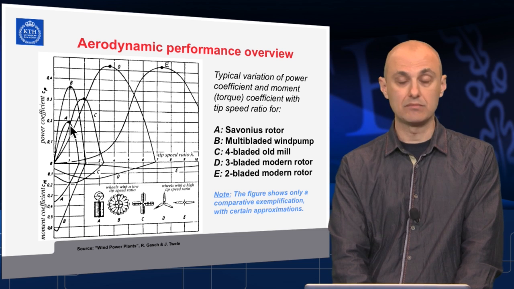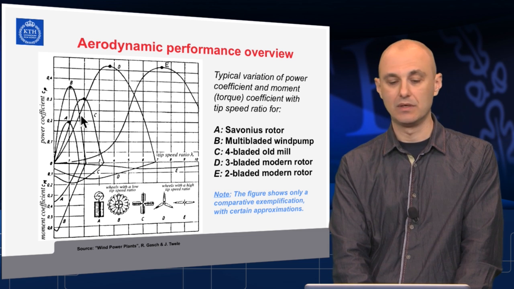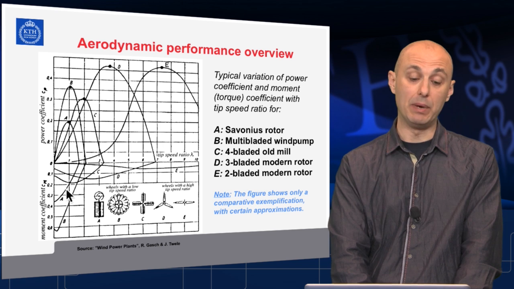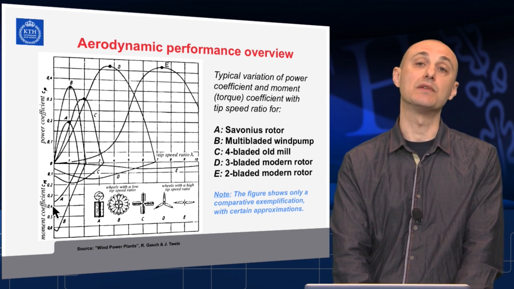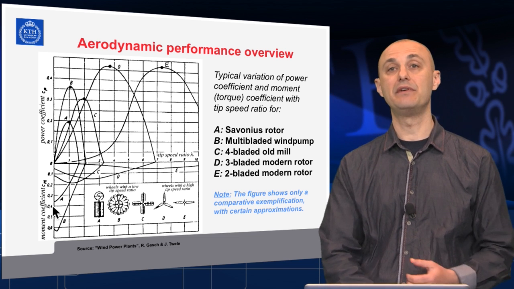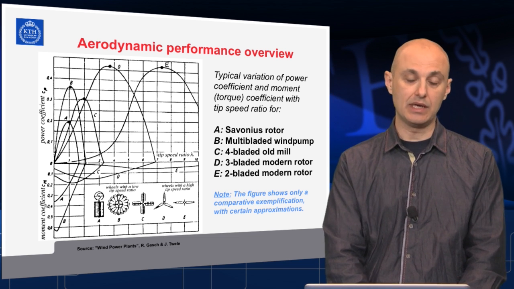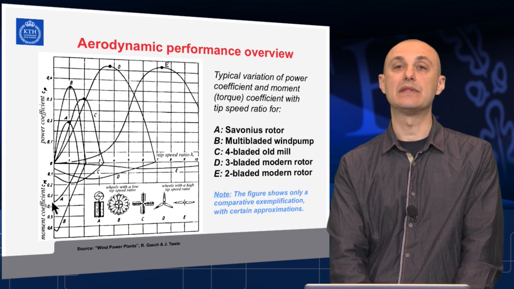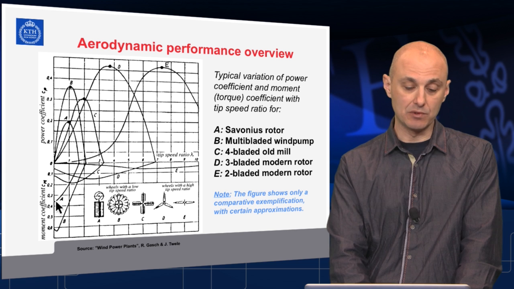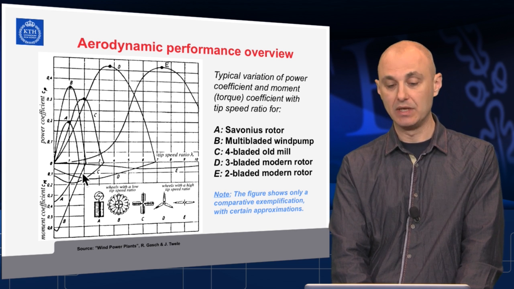Slow rotors, not very efficient, low tip speed ratios. But especially the drag force rotors and the slow-going multi-bladed ones are able to deliver strong forces already at startup. And this is the most important feature for those.